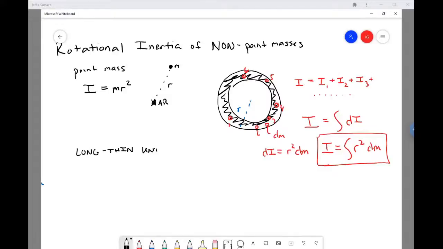Uniform, that means it has the same density everywhere. Rod, I think of a meter stick, a long, thin, uniform rod that's rotating about an endpoint.